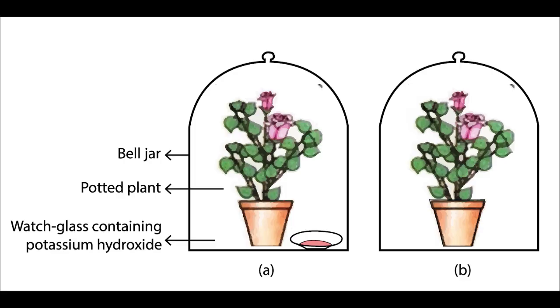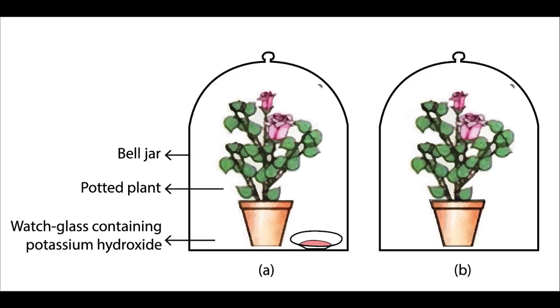The leaf of the plant in setup B kept without potassium hydroxide will turn blue-black. Due to the availability of CO2 gas, the plant will perform photosynthesis, hence gives positive test for starch. Whereas the leaf of plant in setup A does not show positive test for starch, indicating that CO2 gas is necessary for photosynthesis.